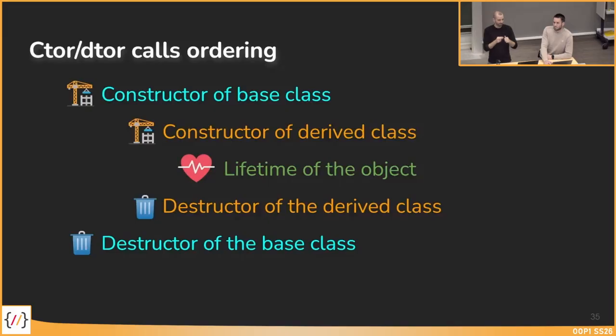So when I create a fish and when I create a lion, it's two different objects. And it's always like, for the lion, the constructor of the base class is called, the constructor of the lion is called. Lifetime of the object. Then, for example, we create an animal, we create the fish part, lifetime of the object.